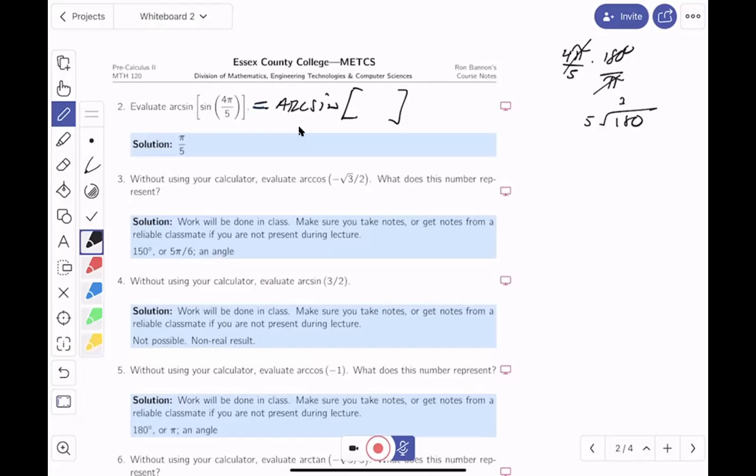Three. That's not so bad, right? 15. 3, 0. 6. Well, what's 4 times 36? Well, 4 times 36 is going to be, let's see, 120 and 24, 144, right? Well, that's not helping me, by the way. I'll tell you why. I don't know the sine of 144, all right?